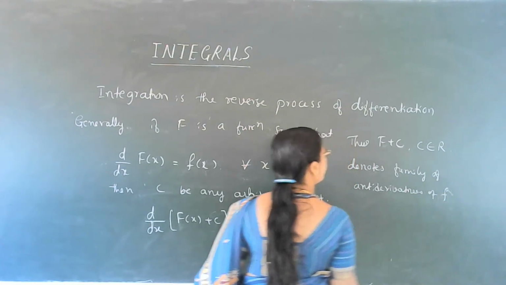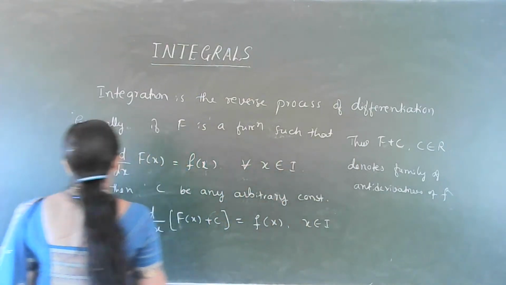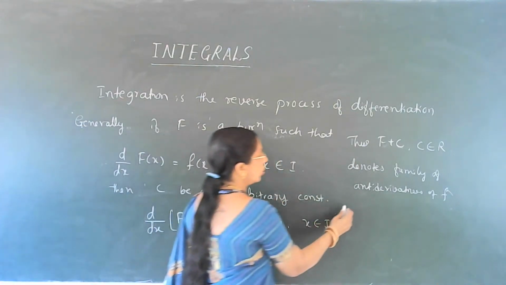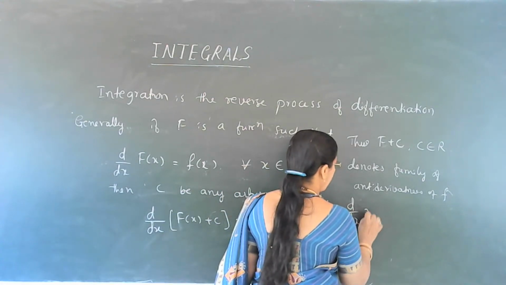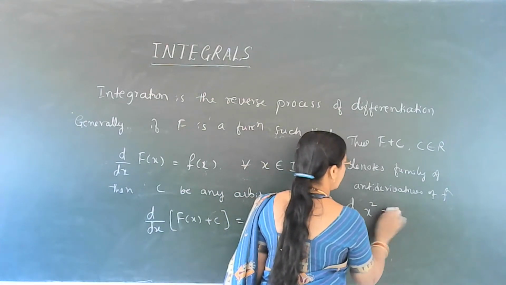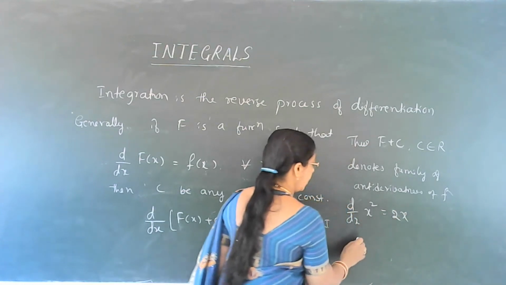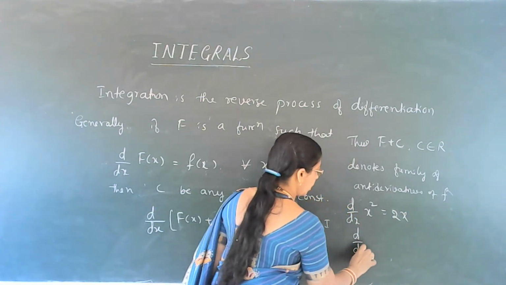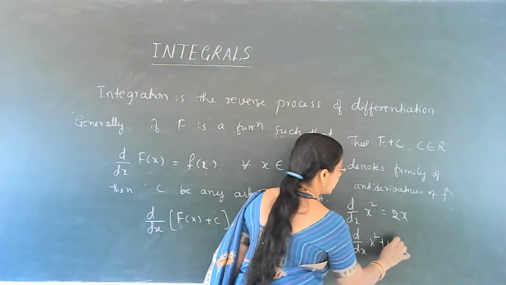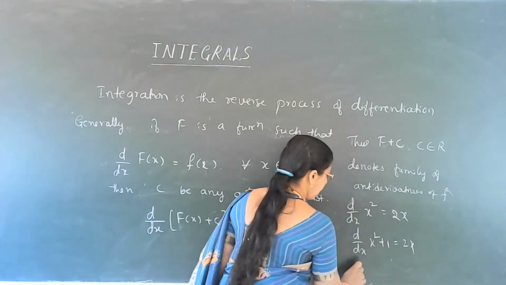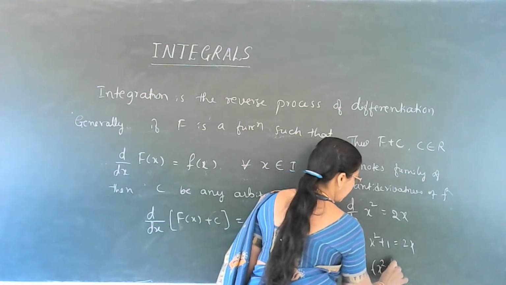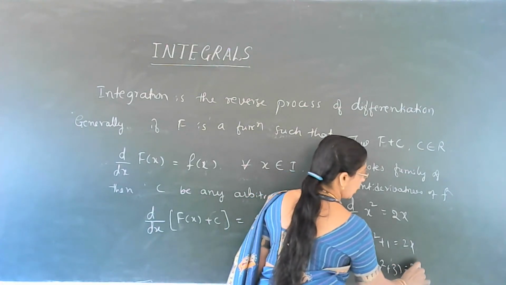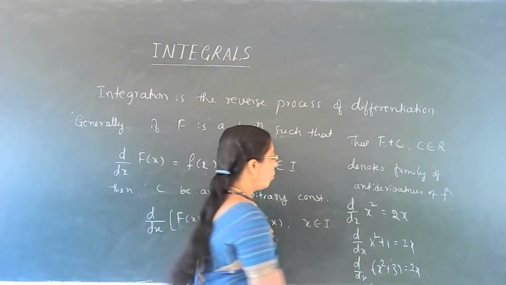Here we know that d by dx of x square is equal to 2x, and d by dx of x square plus 1 is equal to 2x. d by dx of x square plus 3 is also equal to 2x.